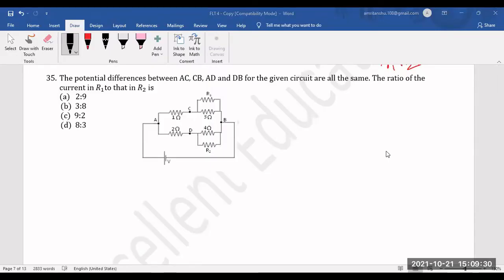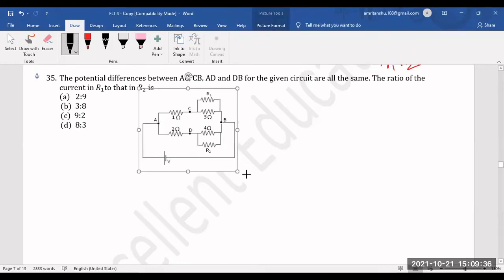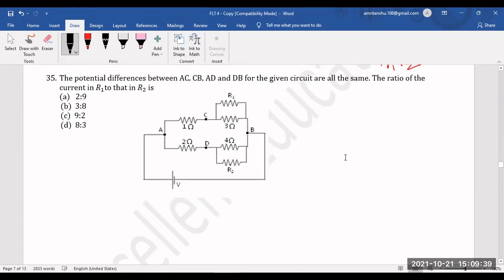Moving on to question number 35. Please see, I'll enlarge this diagram a little bit. Okay. So please just see over here that the potential difference across points A and C, A and D is the same. That means, first we'll see what is happening, and then C and B is also the same, and D and B is also the same.